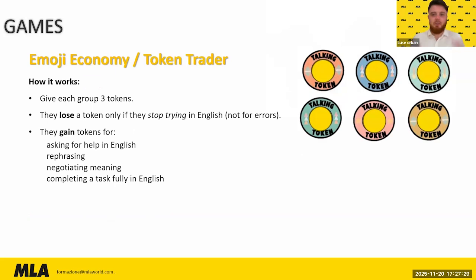Each group, so the students are in groups or in pairs again, and they are given three tokens, okay? And they lose a token if they stop trying in English, not for errors.